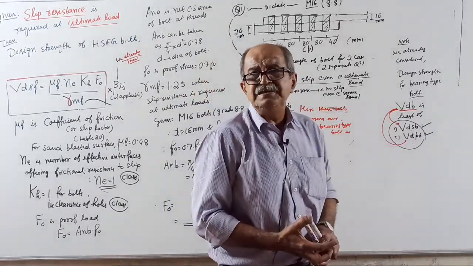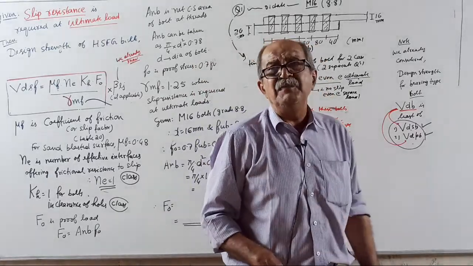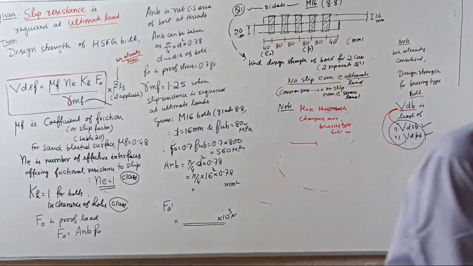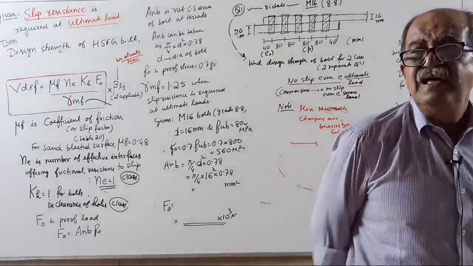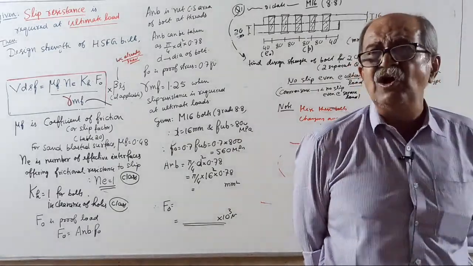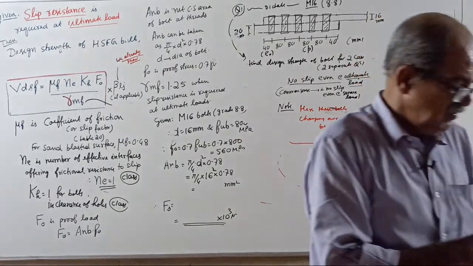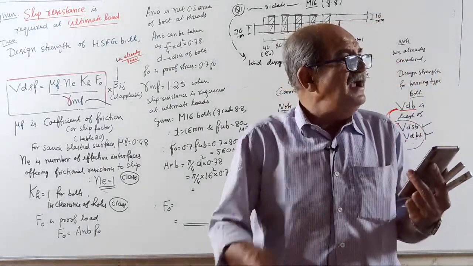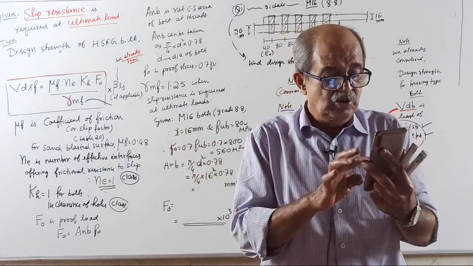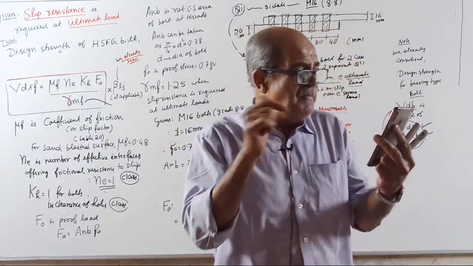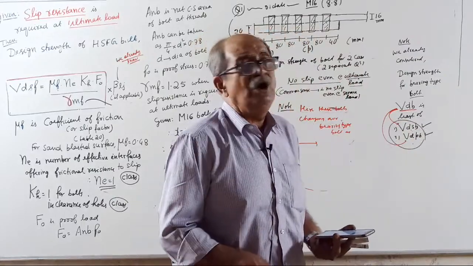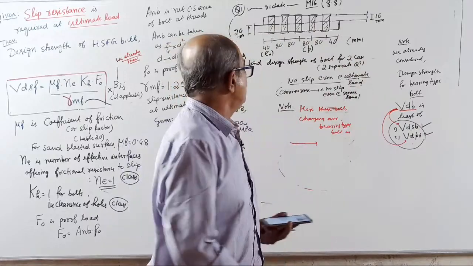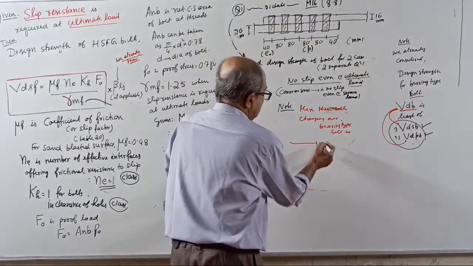I told you these bolts, first it will behave like a friction bolt, later it will change over to a bearing type bolt. Is that case there? Tell me. Here, will these bolts change over to bearing type bolt? No slip even at factored load, at ultimate load also no slip. So, is there that via media case, up to working load no slip, but after working load slip will take place, bearing type? No.